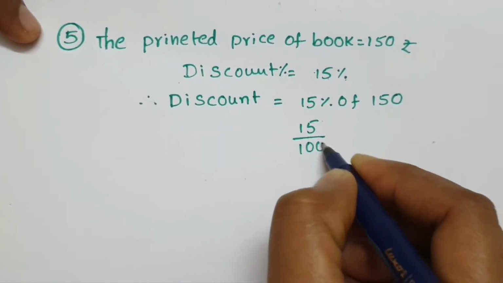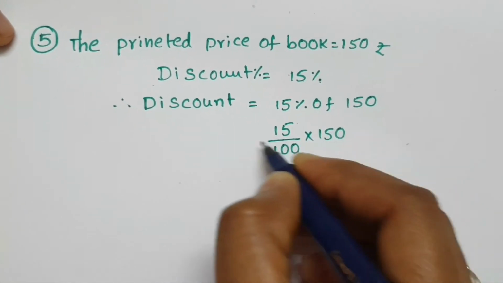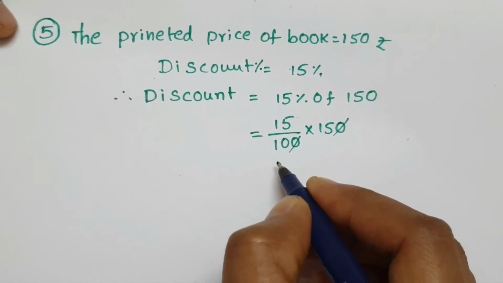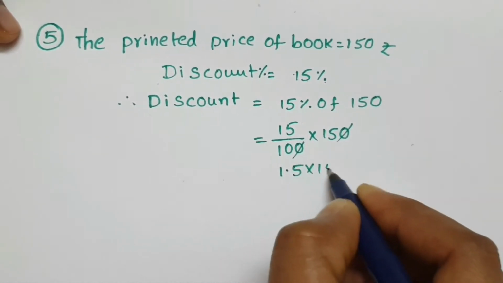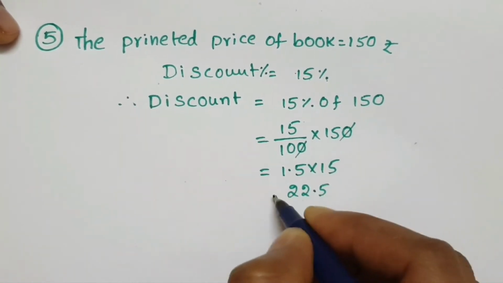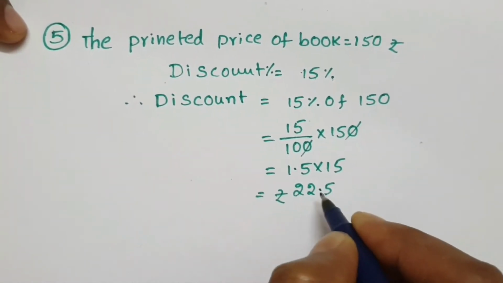15 by 100 into 150. Here the zeros get cancelled. 15 by 10 means 1.5, into 15. So we get 22.5 rupees.